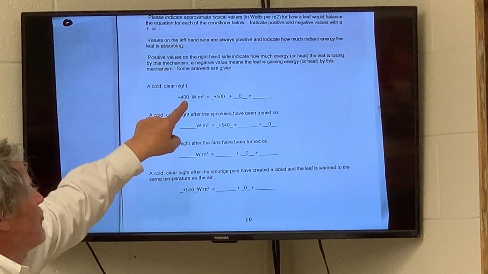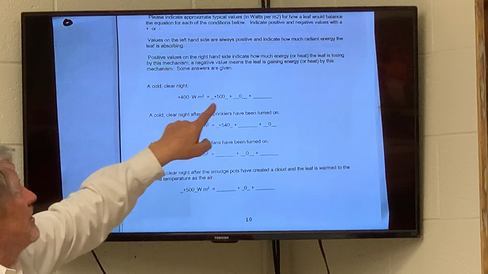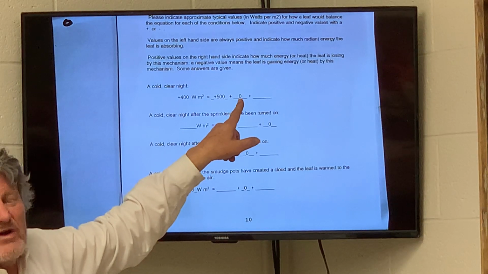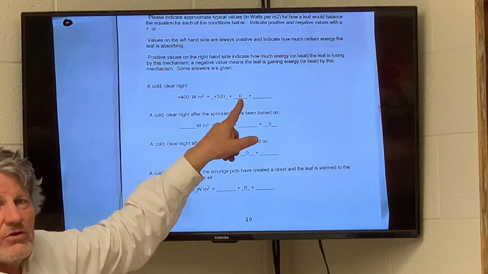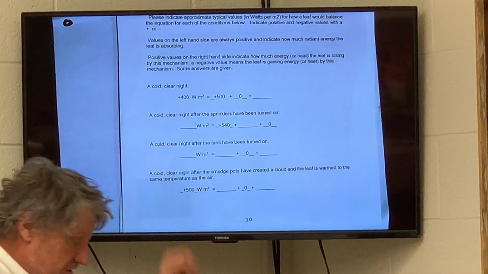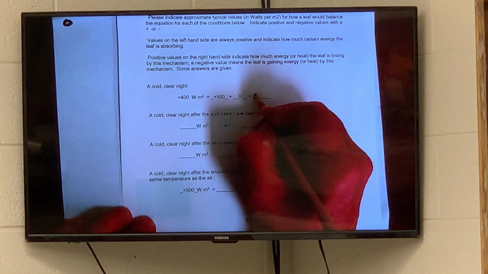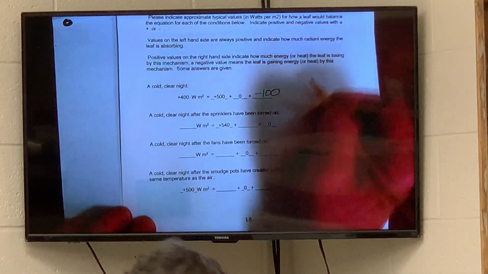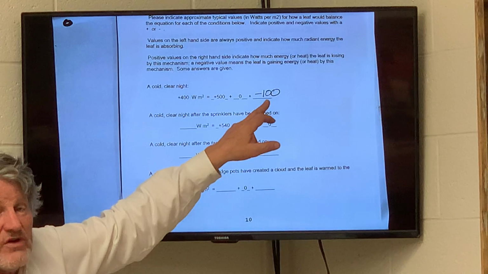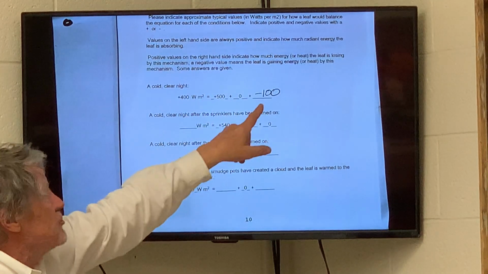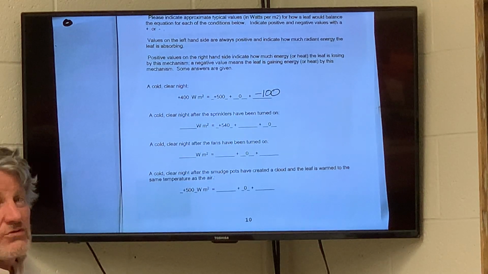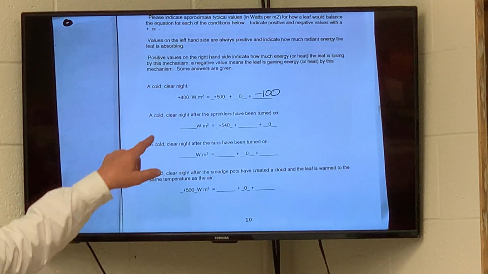So 400's coming in, 500's going out, and there's no transpiration. It's night, the stomates are closed, so there's only one possible number here that could solve this, and that is minus 100. Minus means the leaf is colder than the air, and it's absorbing energy by conduction and convection to balance this.